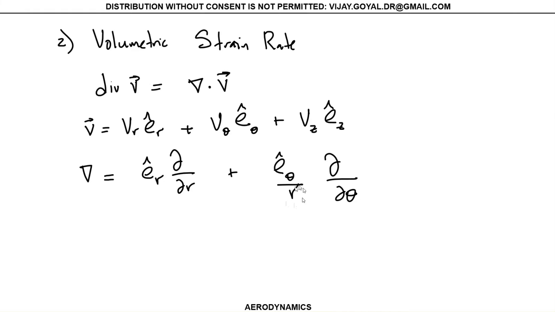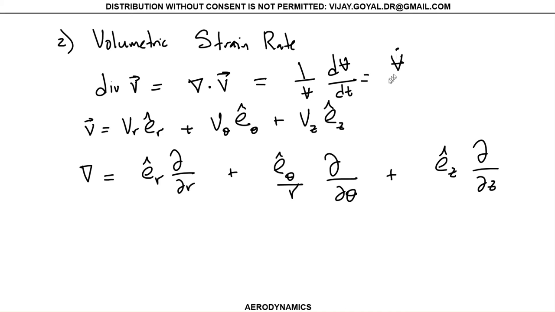Don't forget this R, it's very important. That comes from the derivation. The volumetric strain, we showed, is equal to your volume times the rate, dot times volume. So this is what we are trying to find. Let's take the dot product of that, and you have to be very careful when you do that.